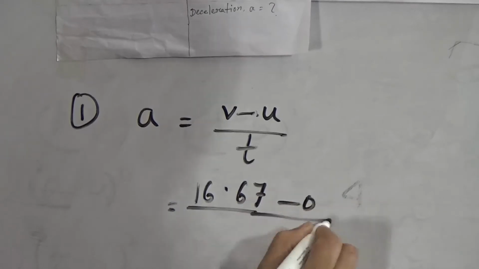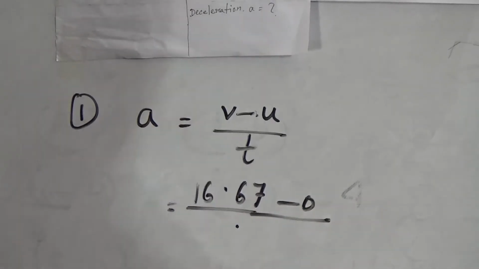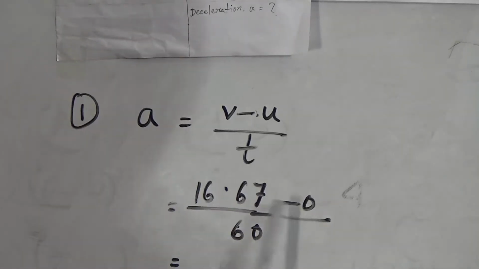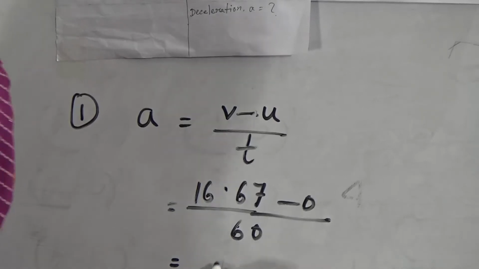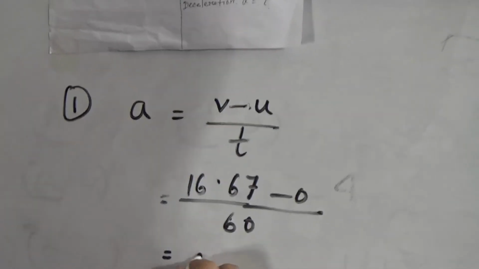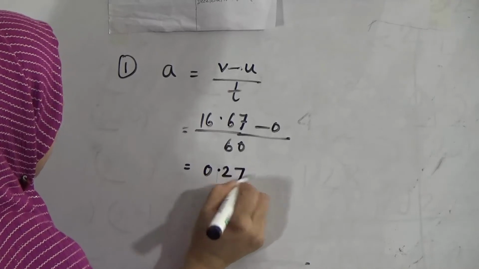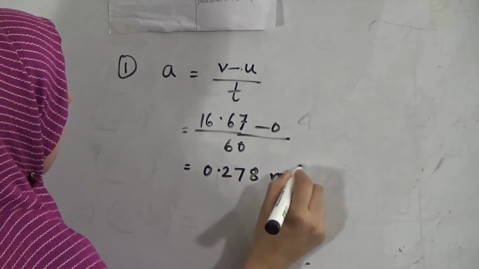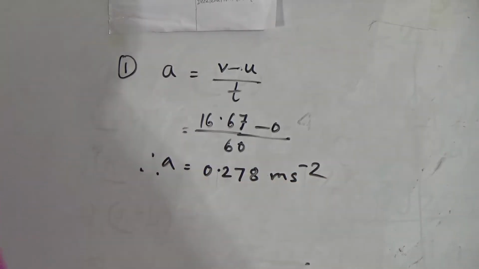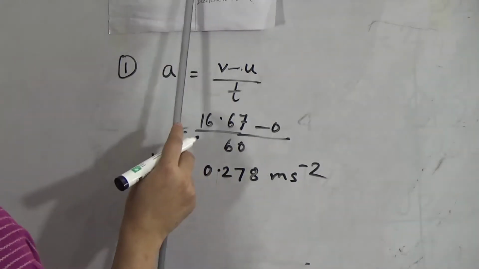So 16.67 minus 0 divided by t, which is 60. That means 16.67 divided by 60, and by calculating we find 0.278 meter per second squared. That means the acceleration is 0.278 meter per second squared, and this is the answer.